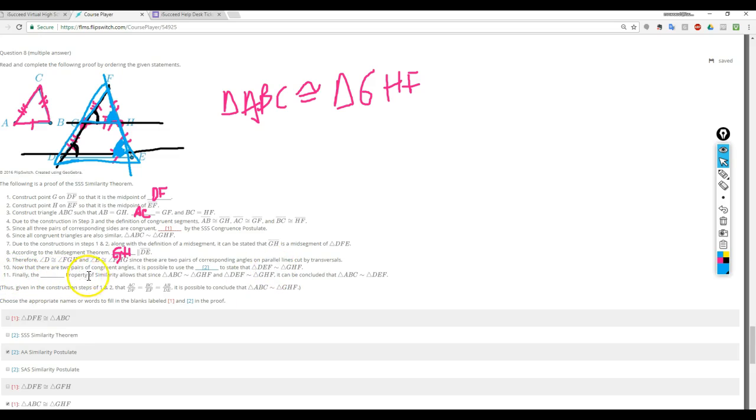Finally, the blank property of similarity allows that since triangle ABC is similar to triangle GHF and triangle DEF is similar to triangle GHF, it can be concluded that triangle ABC is similar to triangle DEF. Okay, that was our transitive property, if you're wondering what that blank is, to use as an example.